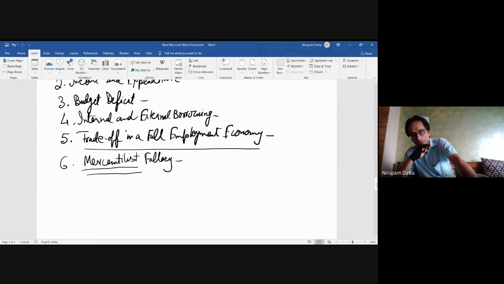If Tridit wants to run a surplus, that means Peter needs to buy more from Tridit than what Tridit buys from Peter. So Peter will naturally run a trade deficit, whereas Tridit will run a surplus. We cannot have both Tridit and Peter running a surplus at the same point of time. So this is what is known as the mercantilist fallacy.